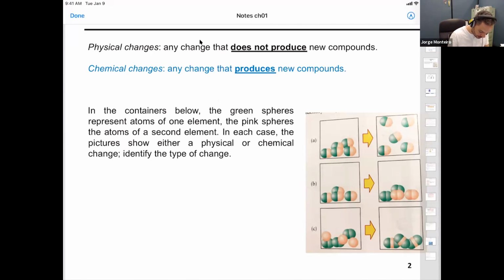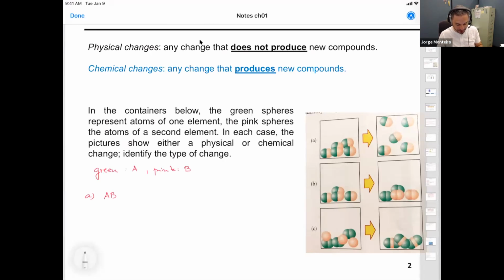Okay, so just to represent as a sort of chemical equation, I'm going to call the green spheres as an element A and the pink one as an element B. Okay, so for the first transformation, we started with A bonded to B. So let's represent like that.